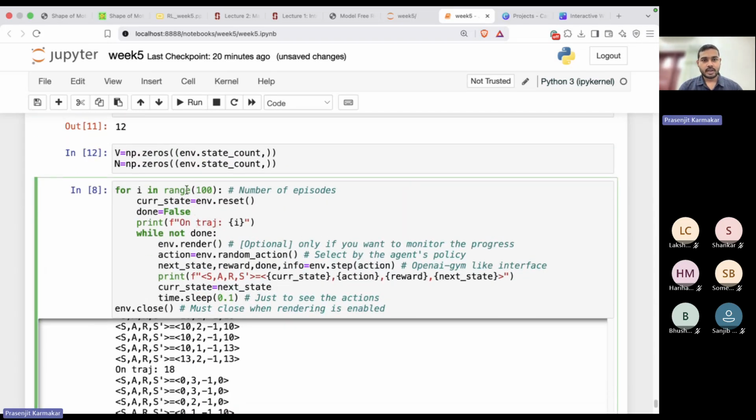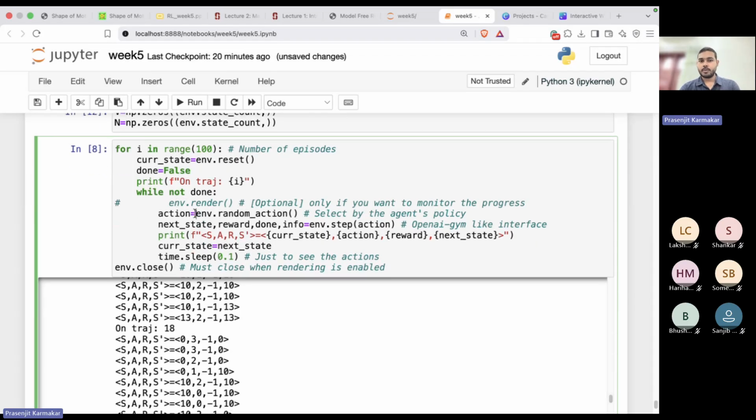Now for 100 such episodes, you reset, you do done is equal to false. Let's not render it for now. You take some action from a policy pi.